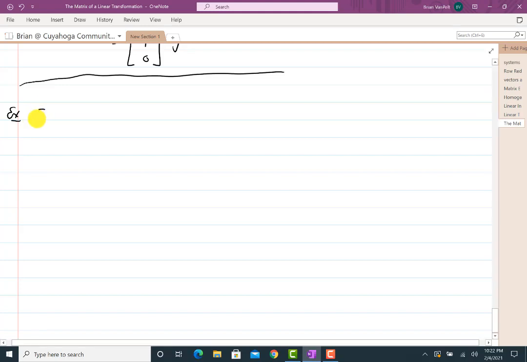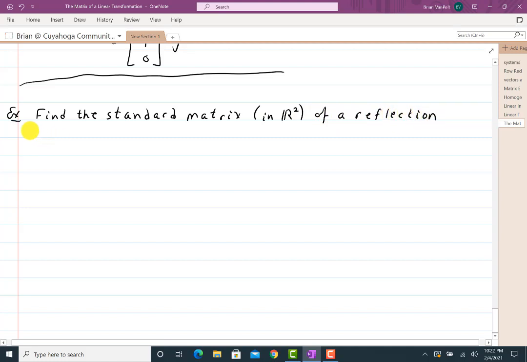So in this one, I want to find the standard matrix in R2 of a reflection through the origin.